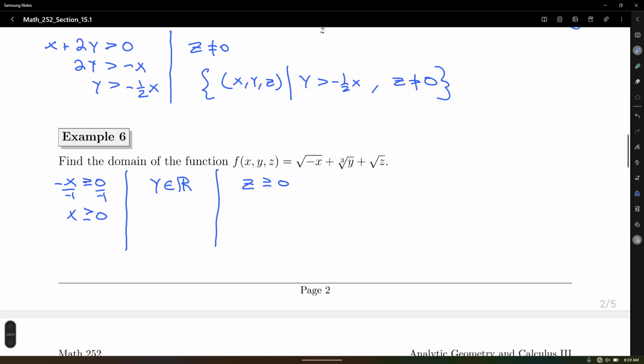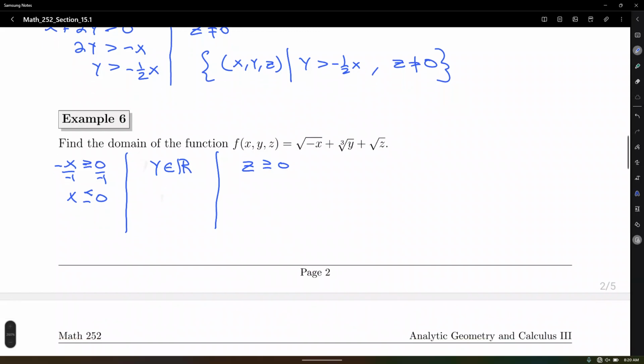Yes? No? What about it? Exactly. Every time you multiply or divide an inequality by a negative, you need to reverse the inequality symbol, right? So let's reverse it. So y is all real numbers, no problem. z is greater than or equal to 0, no problem. There's nothing else to solve.